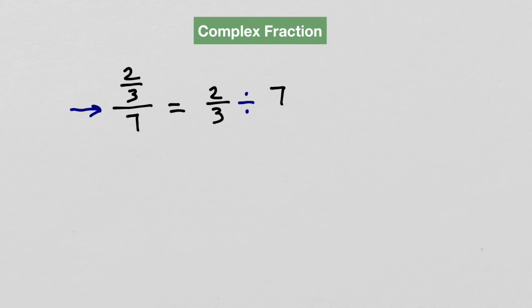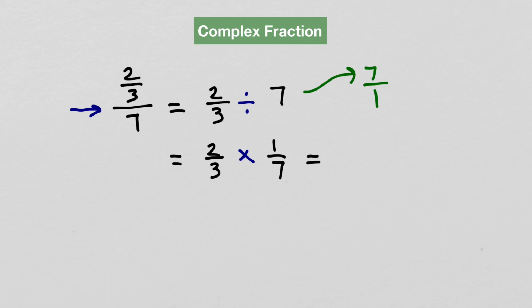Okay, and remember, 7 is 7 over 1. It's the same thing. Okay, so now we're going to rewrite this, and we're going to get 2/3 times, okay, we changed the division to multiplication, and now we're going to take the reciprocal of 7, which is 1/7.